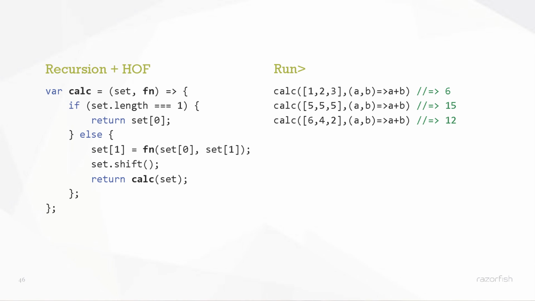So instead of here, after the else where it says set the second element to be equal to the first element and the second element, that calculation is going to be inside a function that we pass in.